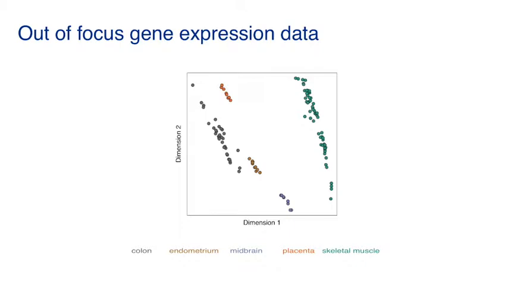So that's when we stop and say, well, let's look at some exploratory data analysis plots. Let's go back to something closer to the raw data and start looking at what's going on.